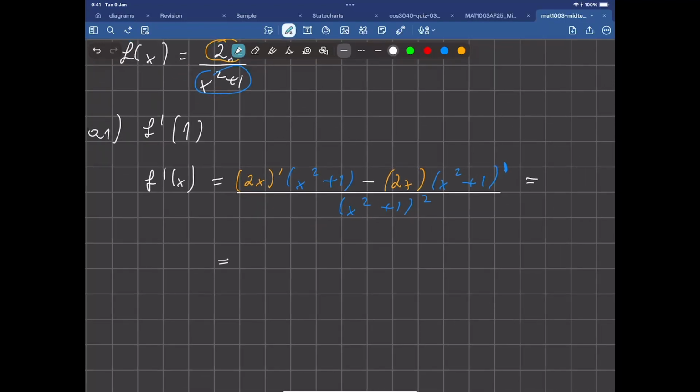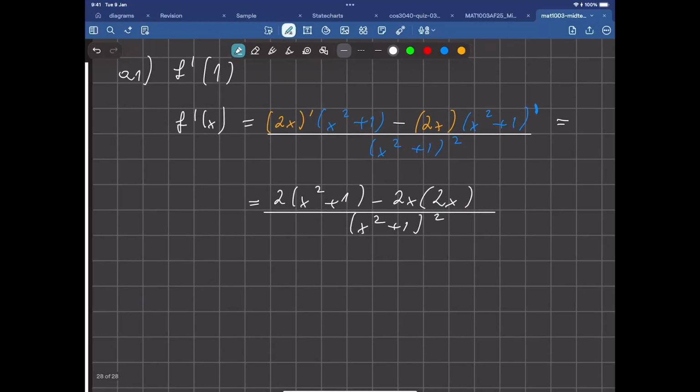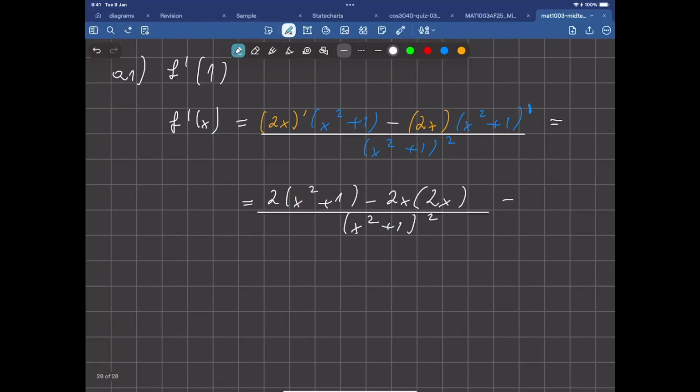Okay. I'm going to be quick with the simple derivatives themselves. So that's just 2 times x squared plus 1 minus 2x times the derivative of that, which is 2x as well. Then we have x squared plus 1 to the power of 2. And from here, I just expand the brackets.